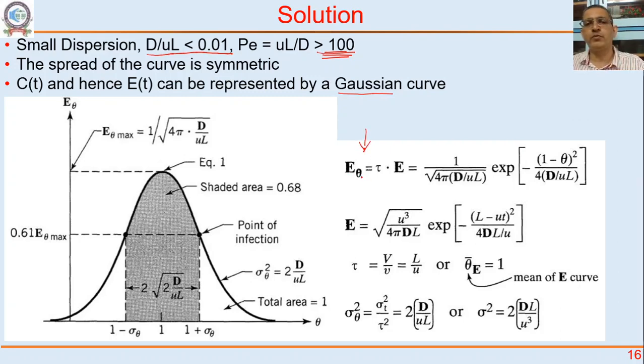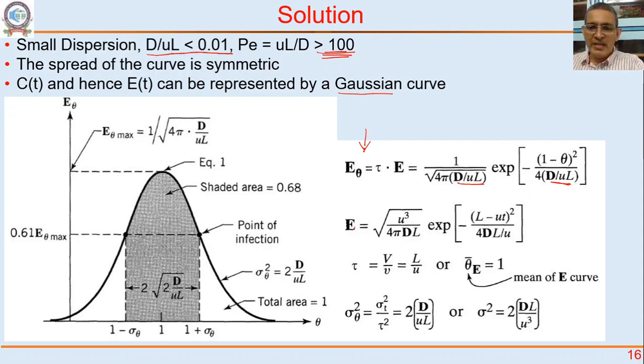We don't have to mug up all these things. We are not going into details of how this comes about, I'm just going to give you an answer. E theta would be tau E. It will be dispersion number or inverse of Peclet number: 1 over square root of 4 pi times the inverse Peclet number, e raised to minus (1 minus theta) squared over 4 times the inverse Peclet number.